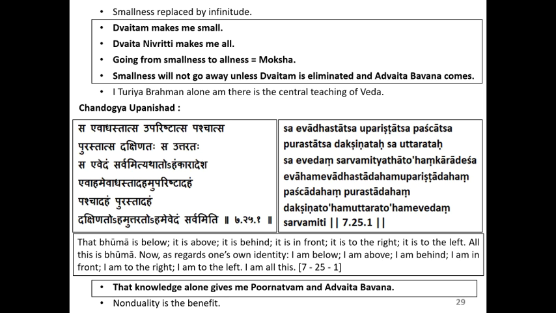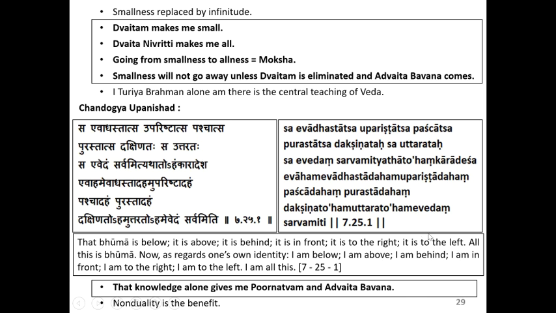In the 7th chapter, 25th section, first verse, it says that Bhuma is below, that Bhuma is above, it is in front, on the right, on the left, it is everywhere. Bhuma means I, the consciousness, am everywhere. I am all-pervading consciousness is the teaching in Chandogya Upanishad.